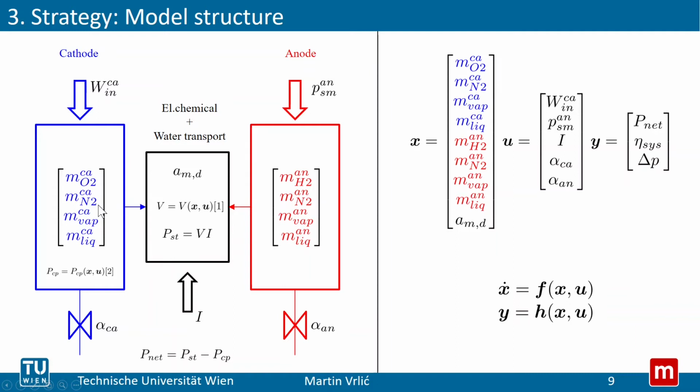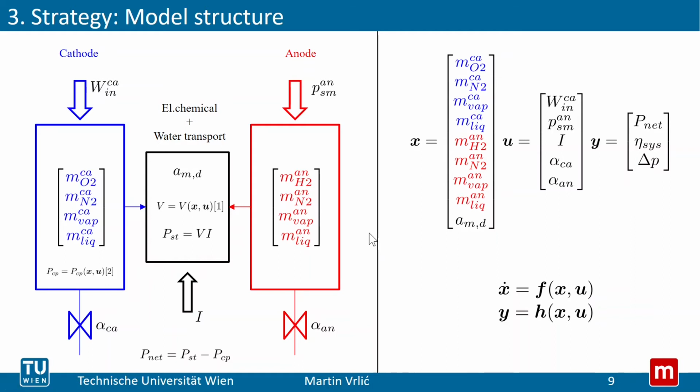The cathode is described by the masses of all the species inside of it, denoted here by blue, and the anode is described with all the species flowing inside of it, denoted here by red, and there is also this dynamical relative humidity state, denoted here by black.